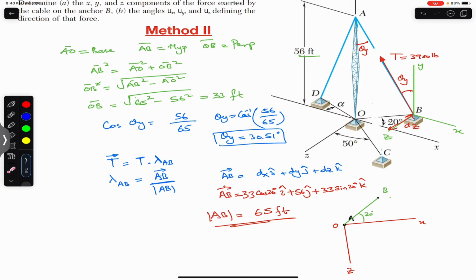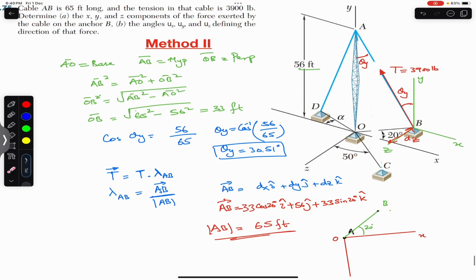And then 56 feet and then this, right? And the direct distance between point A and B is the magnitude of the position vector. So the direct separation of point A from B will be the length of the rope, right?